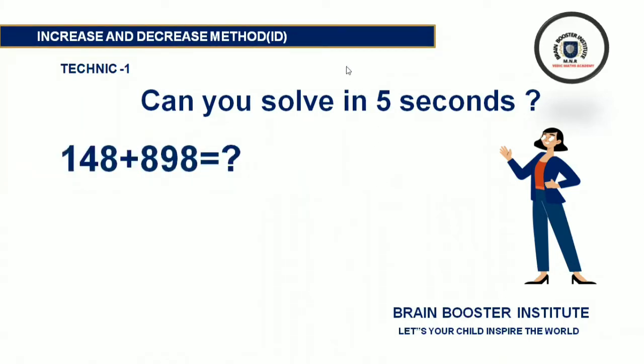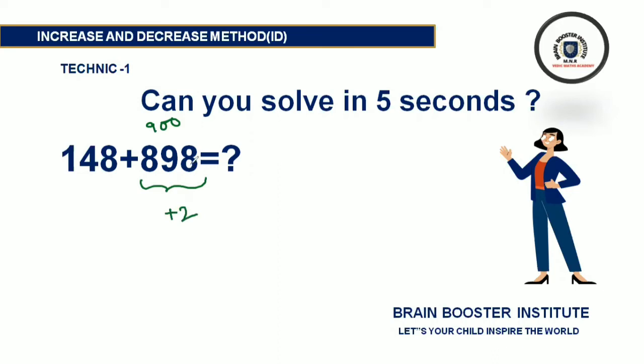And the next question. 148 plus 898. So gradually I'm increasing the number of digits, my students. Easily you can say that this one would be the closest to an easier number. What is the easiest number for 898? It is 900. Easily we can find that out here. Now what is the distance between 900 and 898? It's plus 2, isn't it?